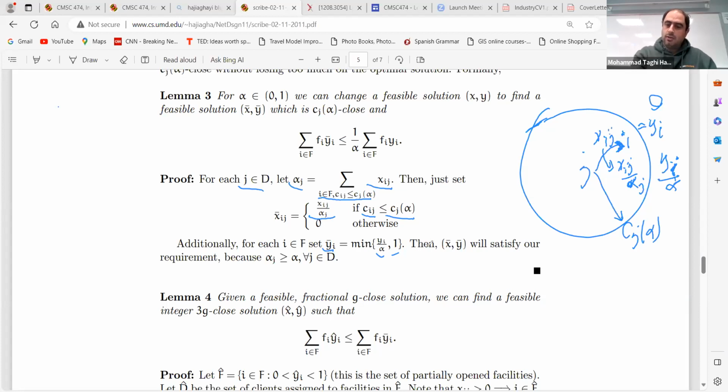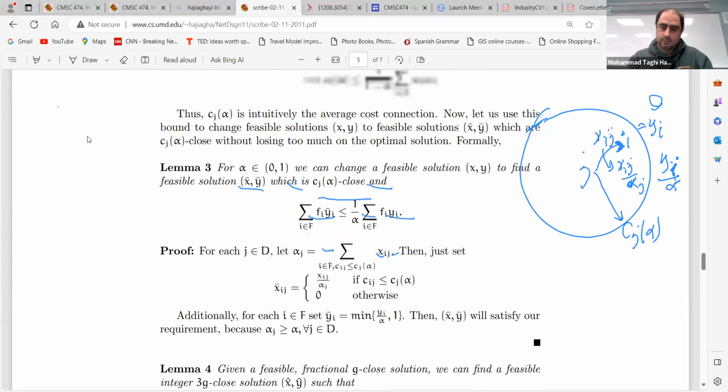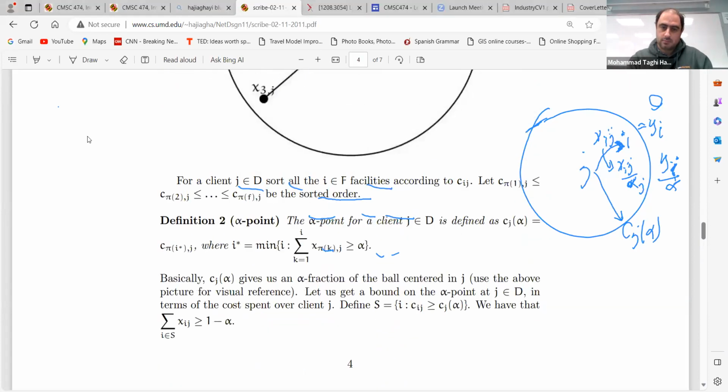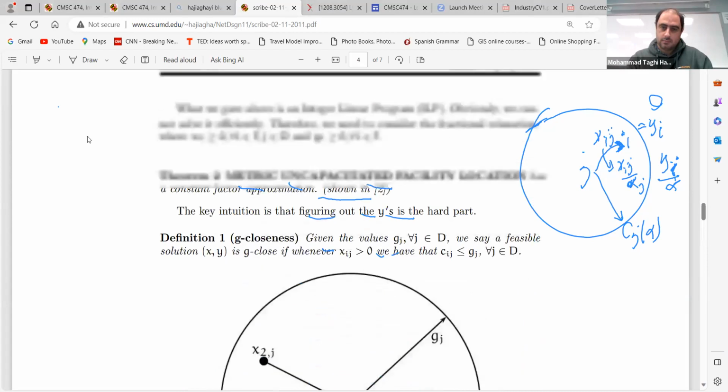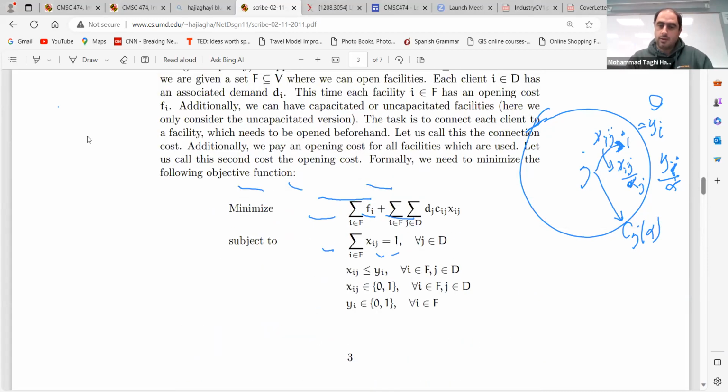Then in this case, we are satisfying everything. So we are satisfying our LP requirements. Why? If you see the LP requirements, we want to say that the sum of xij is equal to 1, which is the case because of this blowing up. And I wanted to have xij less than or equal to yi, which is the case here.